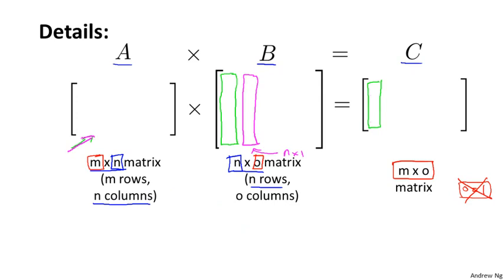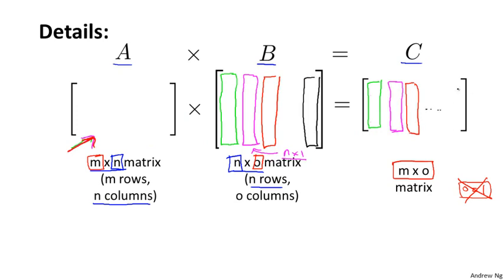I multiply this matrix with this n by 1 vector. The result will be an m-dimensional vector, which I'm going to put there, and so on. Then I take the third column, multiply it by this matrix, get an m-dimensional vector, and so on until the last column of B times the matrix gives you the last column of C.